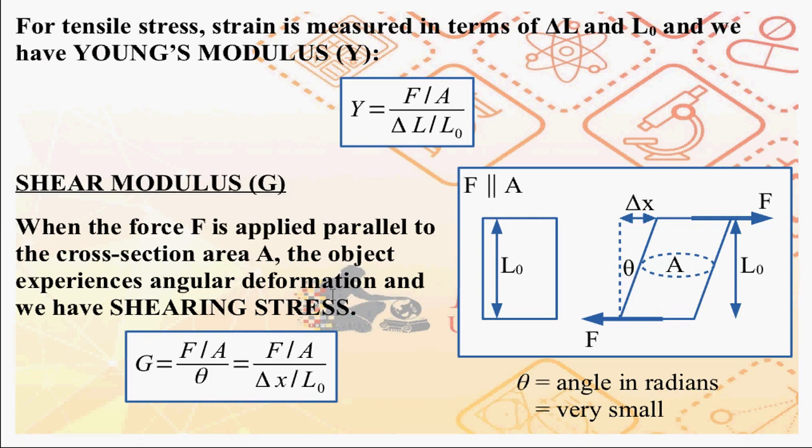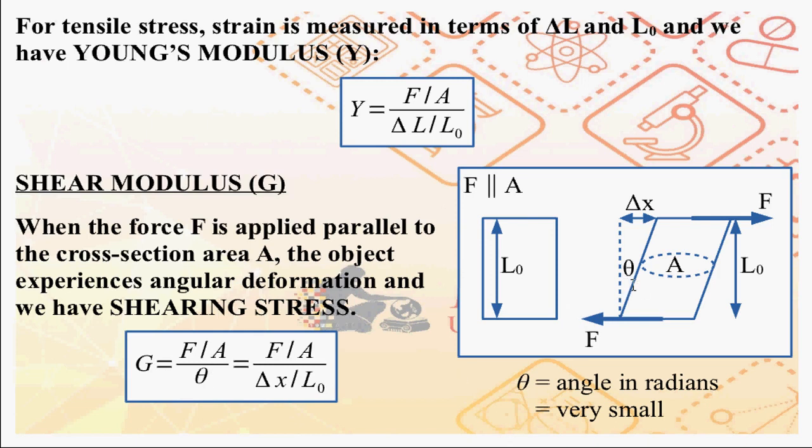For angle theta measured in radians, for very small angle theta, the shear modulus G is just equal to stress over strain, F over A, stress, wherein F is parallel to cross-section area A. And strain is measured in terms of angle theta.